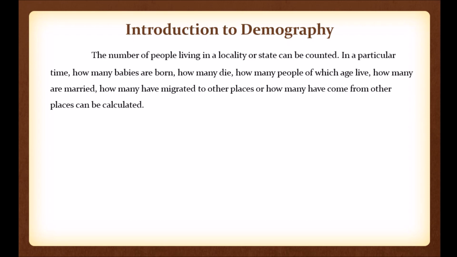Well, what is demography? The number of people living in a locality or state can be counted. In a particular time, how many babies are born, how many die, how many people of which age live, how many are married, how many have migrated to other places, or how many have come from other places can be calculated. Okay.